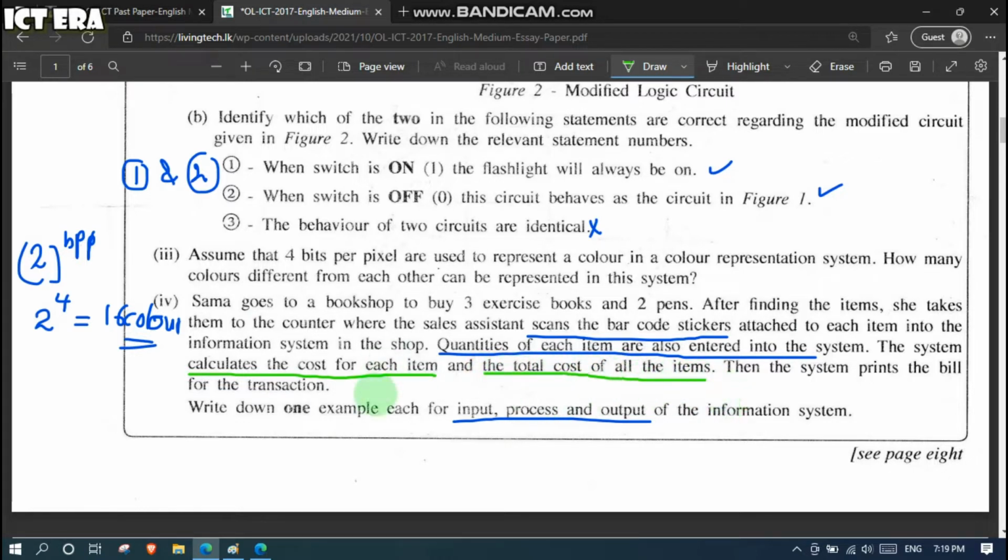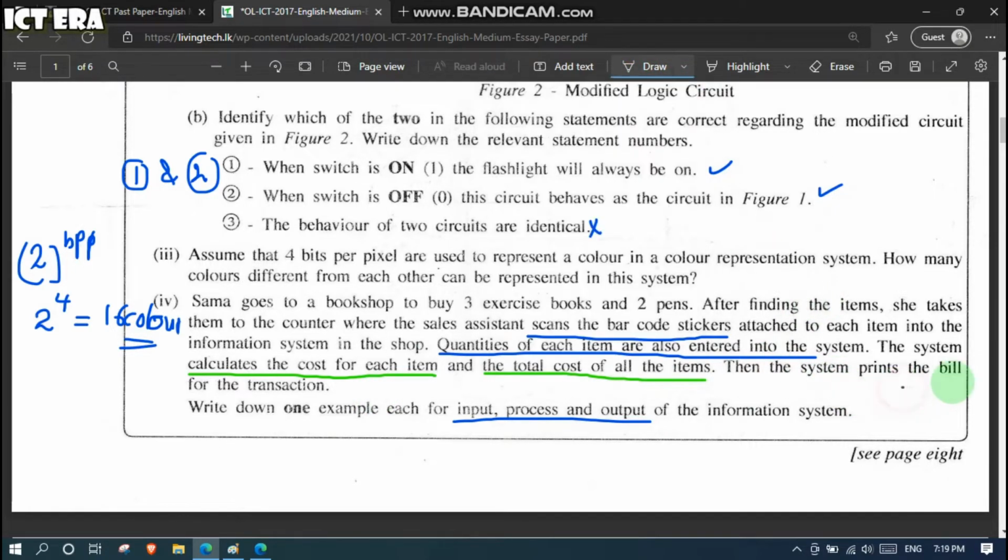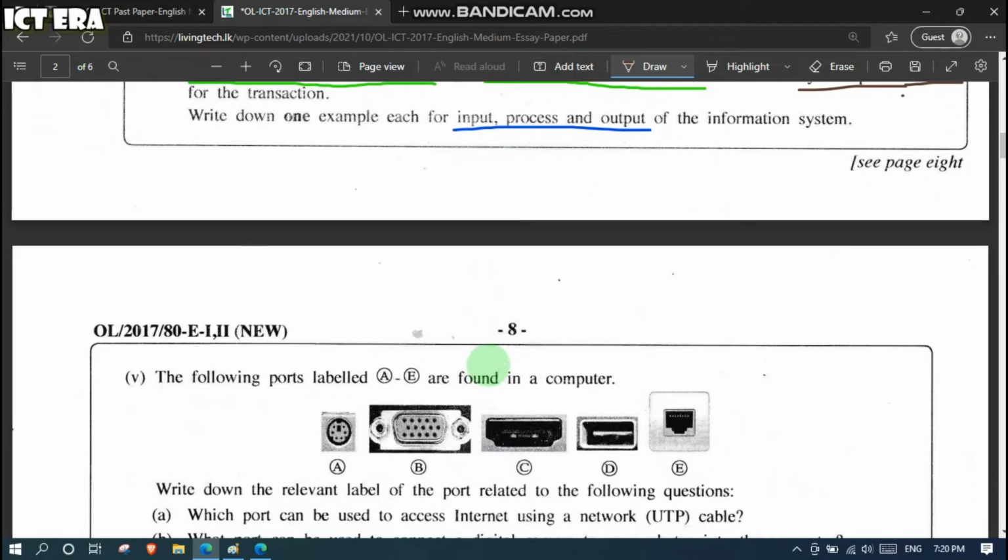These two are the processes, and then the output will be the bill. System prints the bill. So this is the output of this relevant information system. So blue color ones are inputs, green color ones are processes, brown color is for output.